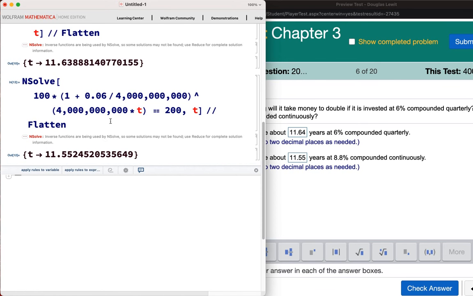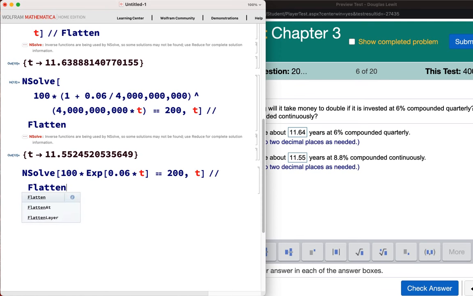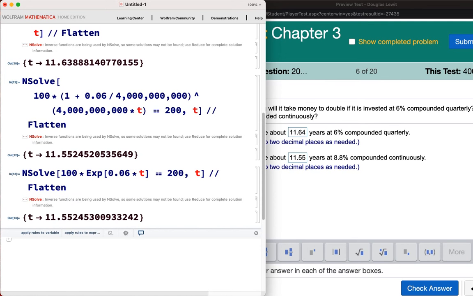Yeah, I'm getting the same answer as before. Let me see something. 100 times e to the power 0.06 times t is equal to 200. What is t? No, I'm still getting 11.55.